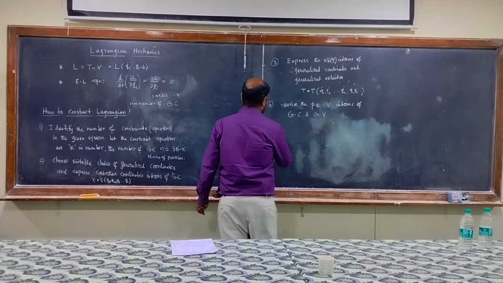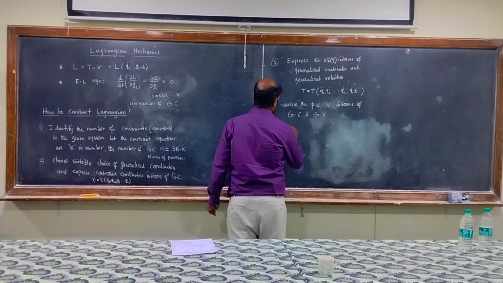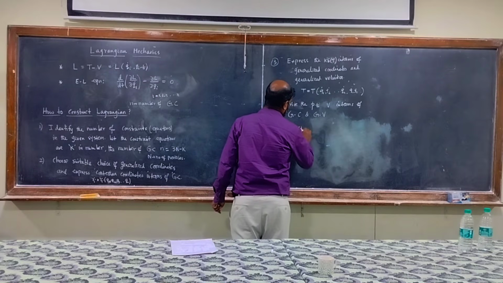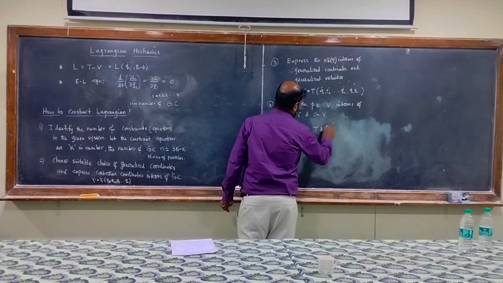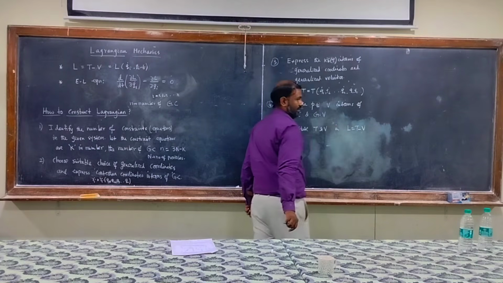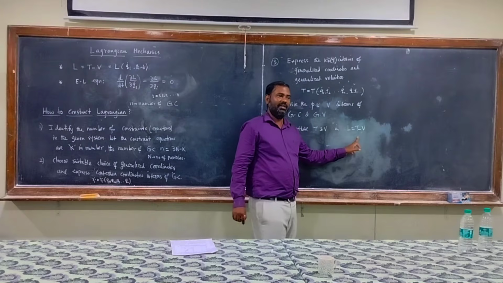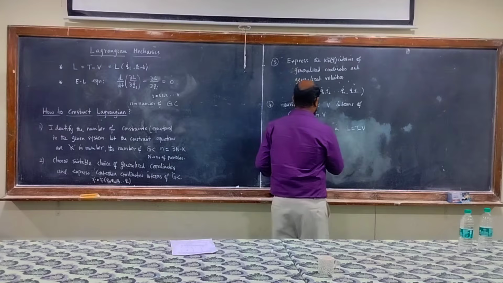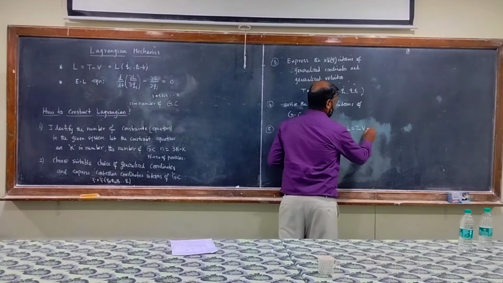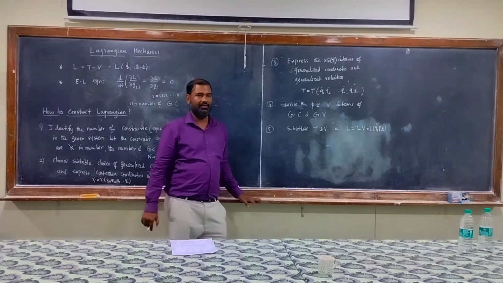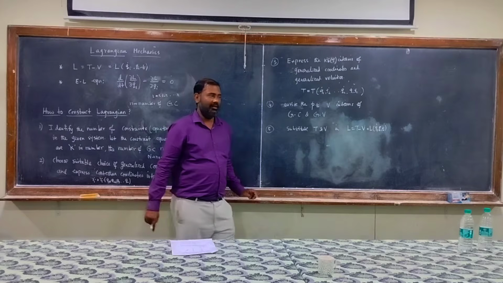Now substitute T and V into L equals T minus V. Since T and V are functions of generalized coordinates and velocities, L is also a function of q dot, q, or time t. So now I have constructed the Lagrangian.